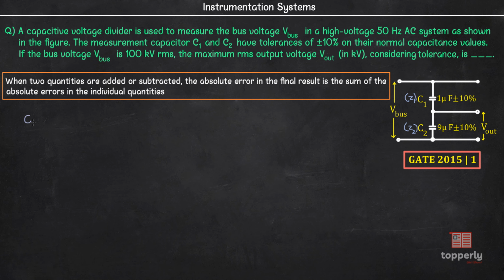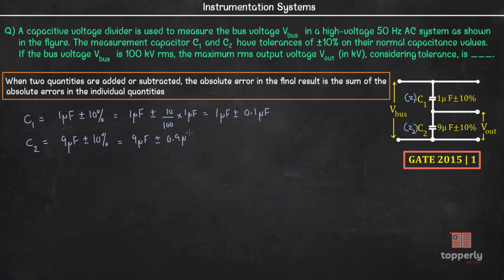So first we need to convert them into absolute form. Therefore, C1 is equal to 1 microfarad plus or minus 10%, which is 1 microfarad plus or minus 10 by 100 into 1 microfarad, which is 1 microfarad plus or minus 0.1 microfarad. And similarly we have C2, which is 9 microfarad plus or minus 10%, which is 9 microfarad plus or minus 0.9 microfarad.